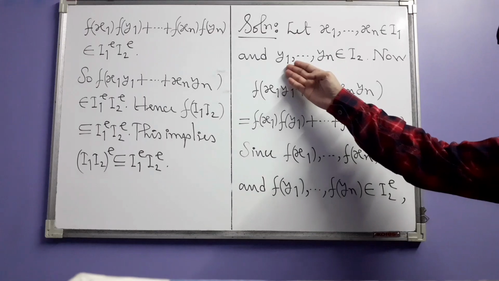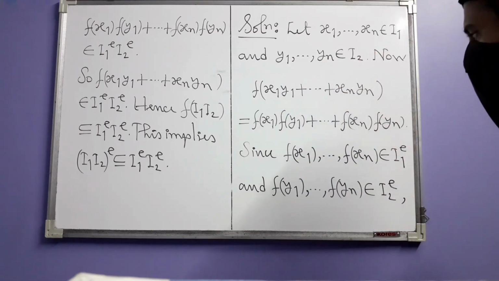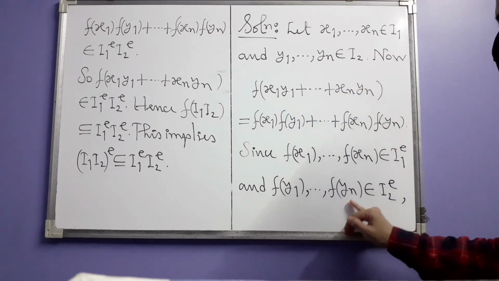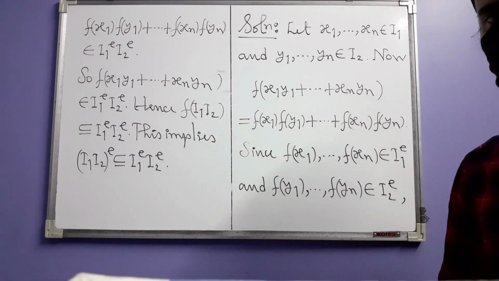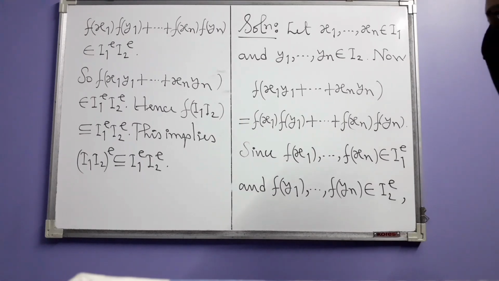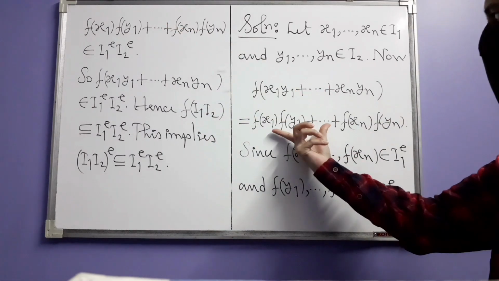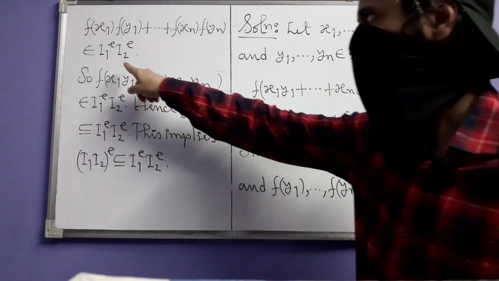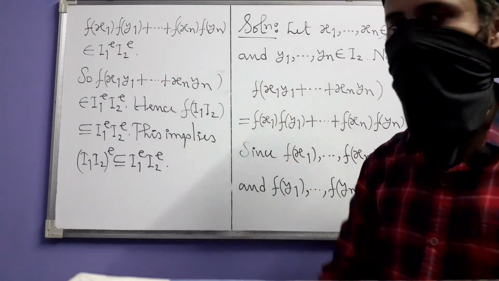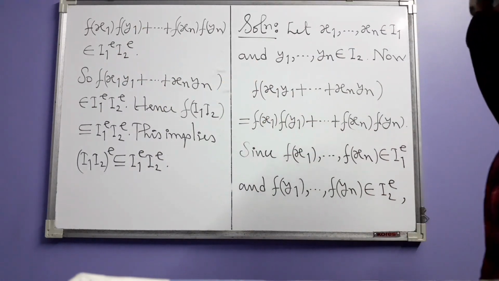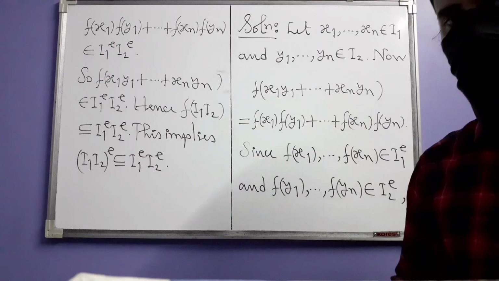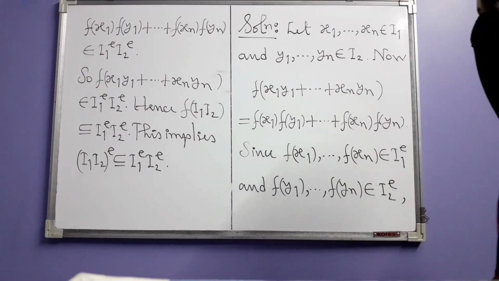Similarly, these y's are coming from I2, so their F images will belong to the extension of I2, and that is why this sum will belong to the product of I1 extension and I2 extension by the definition of the product of two ideals.